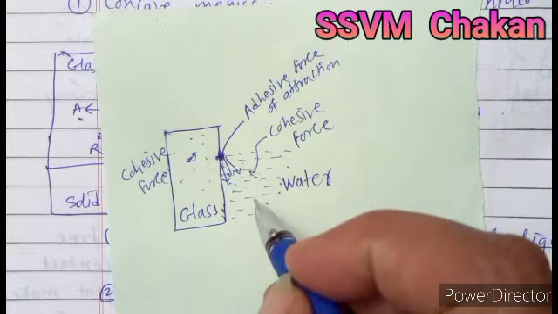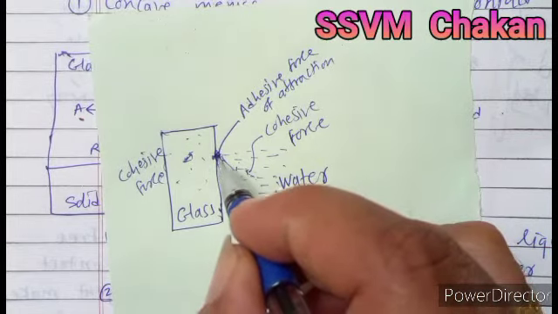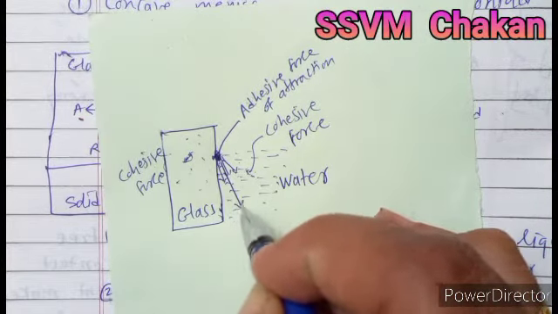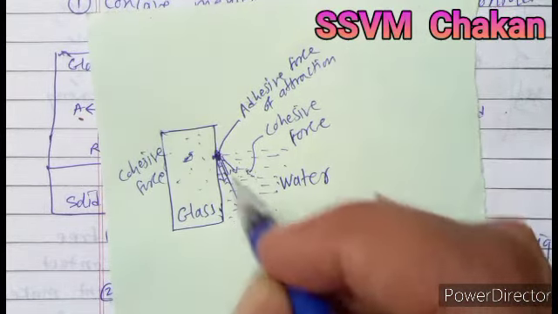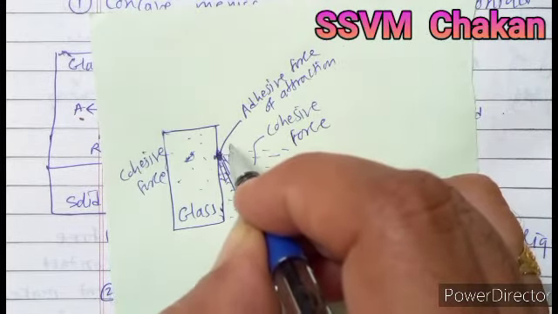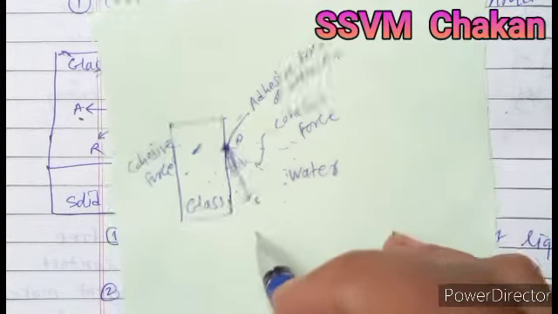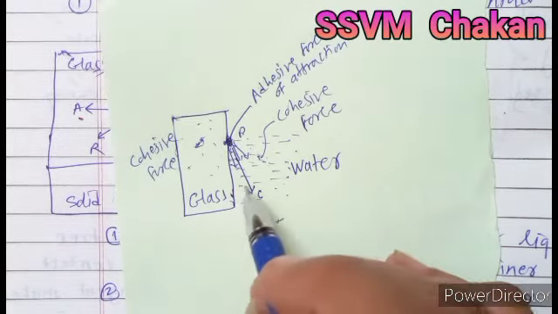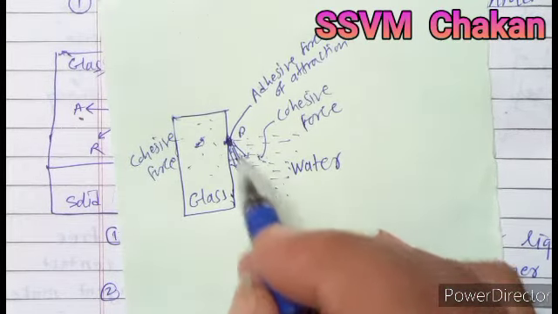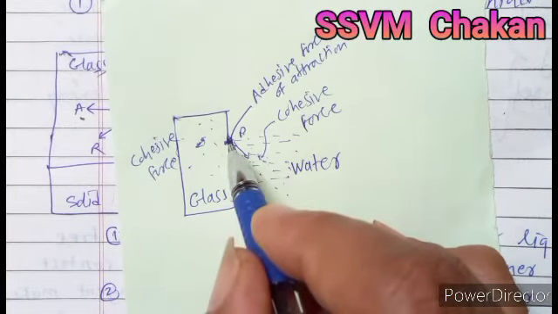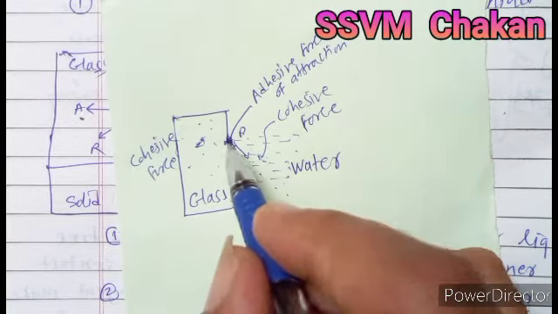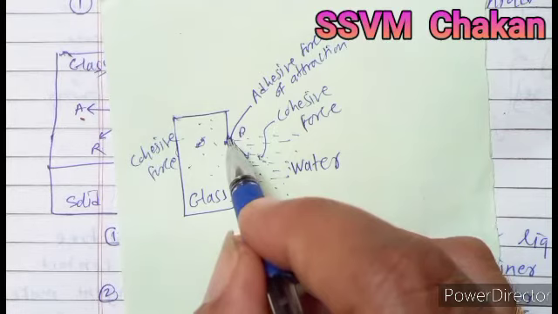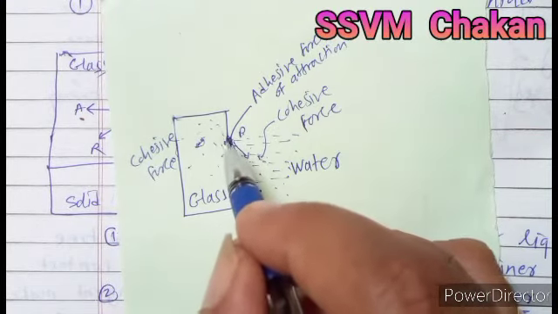inside the water. The resultant force due to all the water molecules we denote by PC. The point of contact we denote by P. So this PC bar gives you the cohesive force applied by the other water molecules on this water molecule at point P. The water molecule at point P is in contact with the glass molecules.